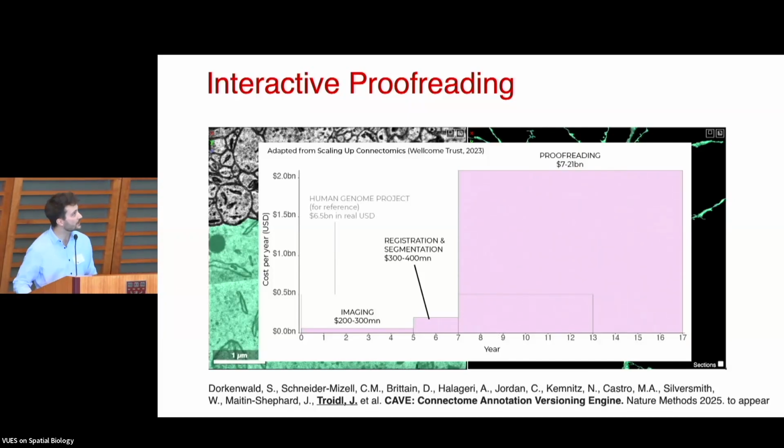In that report, they said that one of the largest bottlenecks is proofreading such a mouse brain connectome. They estimated it to cost between $7 and $21 billion just to proofread that connectome. And obviously nobody's going to pay that. So $21 billion right now is infeasible. So we need to significantly cut down on that cost.